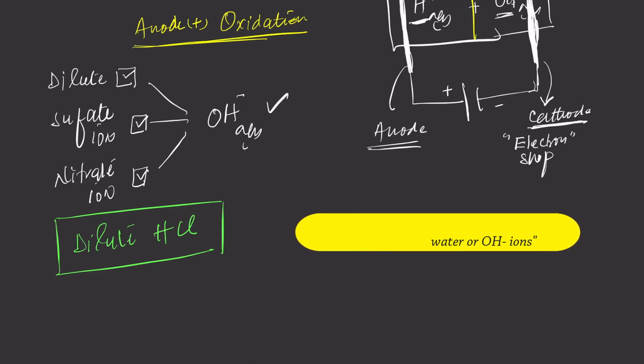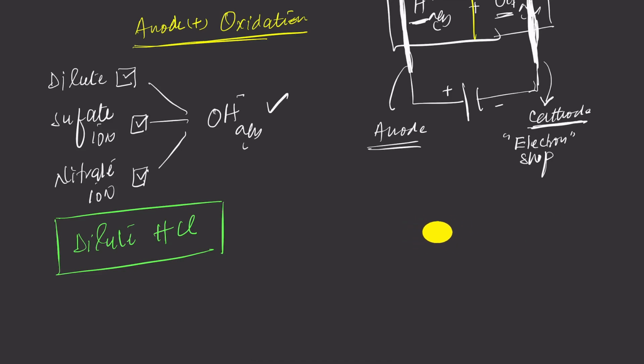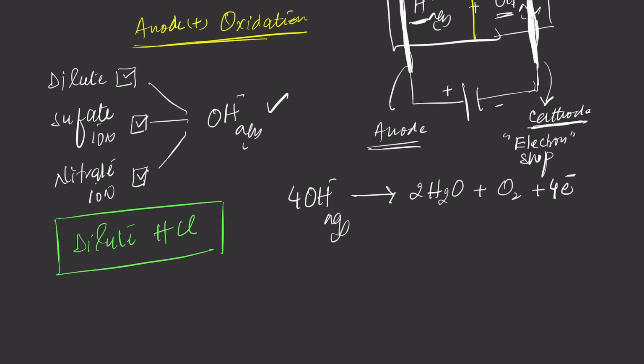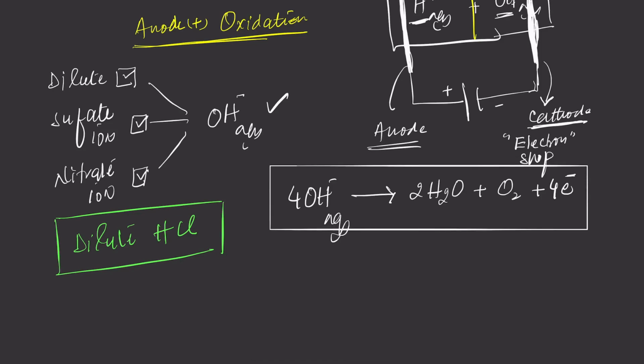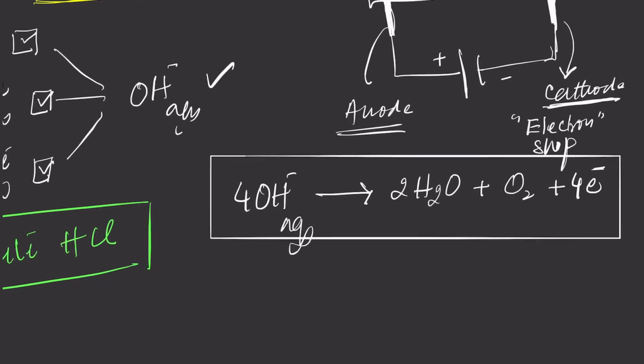When the OH- ion approaches the anode, the reaction will be 4OH- (aq) goes to 2H2O plus O2 plus 4 moles of electrons lost. You have to learn this equation by heart. It is very essential to learn this equation.